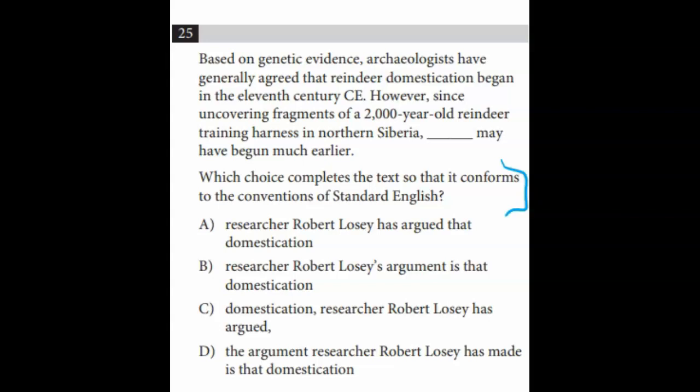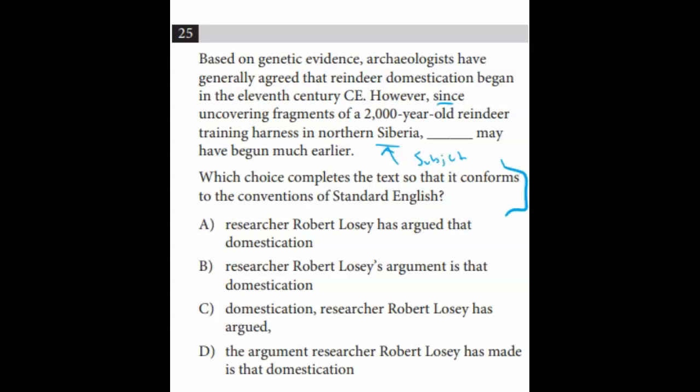So what they're trying to do here is I see that since uncovering fragments of a 2,000-year-old reindeer training harness in northern Siberia, we need to find the subject that's going to relate to the sentence before it. We need to figure out who found the uncovering fragments of a 2,000-year-old reindeer training harness. Like since uncovering the 2,000-year-old training harness, who did? That's got to be what's following it.